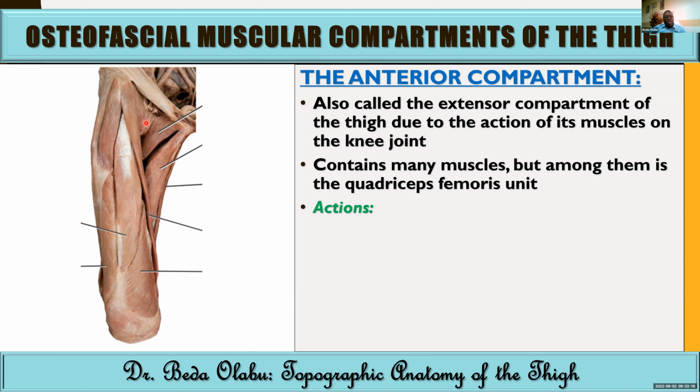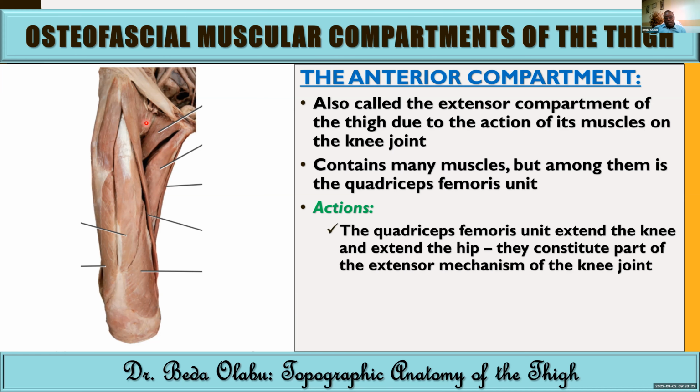Great. So what are the actions of the muscles of the anterior thigh? The quadriceps femoris unit, in principle, extends the knee joint. So they cause extension at the knee joint. Apart from extending the knee joint, the rectus femoris muscle flexes the hip joint.